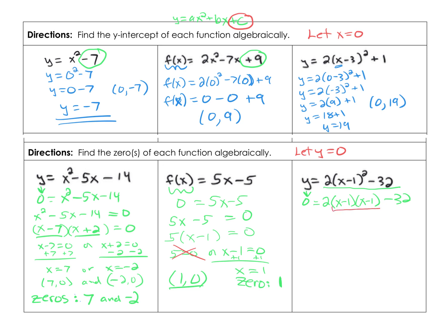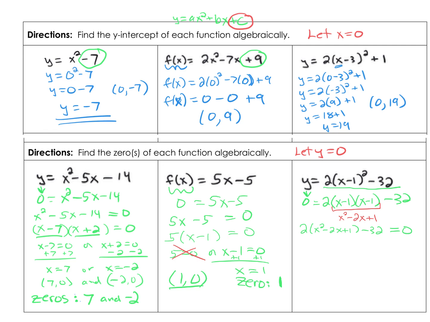But when you do FOIL on it, it turns into x squared minus 2x plus 1. So what I'm really solving then is 2 times the x squared minus 2x plus 1 minus the 32, and then it equals 0. So I also flip-flop the sides here.